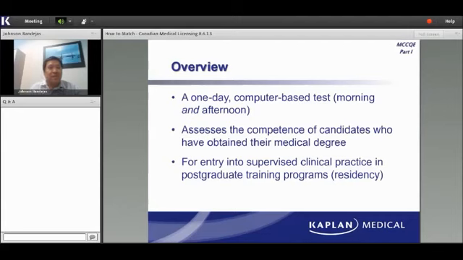The MCCQE1 is a one-day computer-based test that will assess the competence of candidates who obtained their medical degree for entry into supervised clinical practice in postgraduate training programs. The QE1 will assess your knowledge, your clinical skills, and your attitudes as outlined by the Medical Council of Canada objectives. It is usually given twice per year. One will be in spring and another session is scheduled during fall.